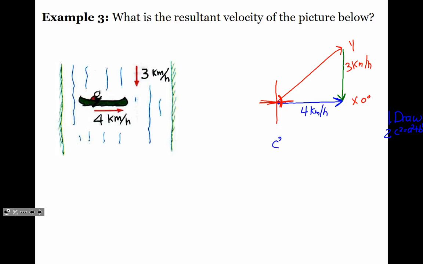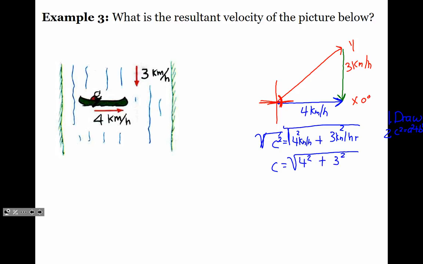So c squared equals 4 kilometers per hour squared plus 3 kilometers per hour squared. I got to get rid of this square on the c. So I'm going to put this in the calculator. I'm being lazy. I'm not writing the unit right now just for time's sake, okay?